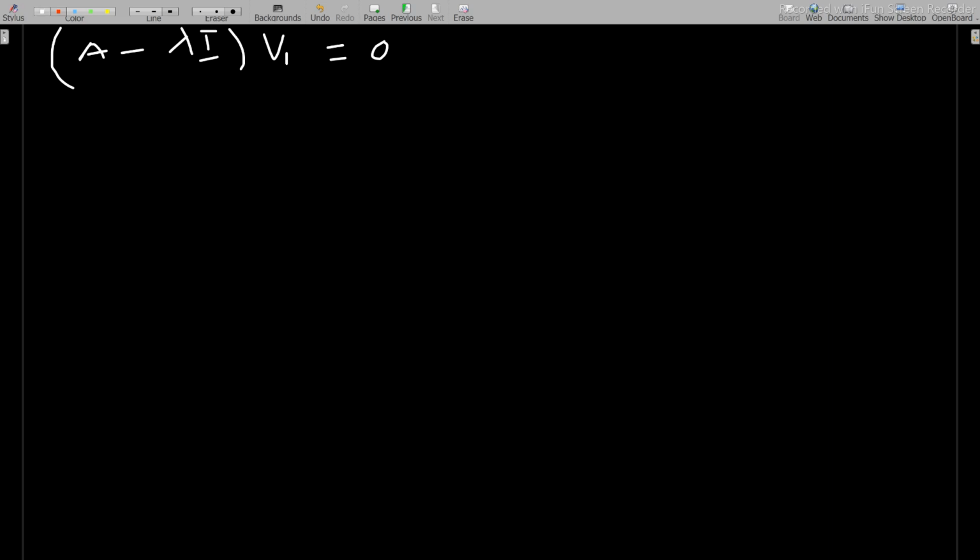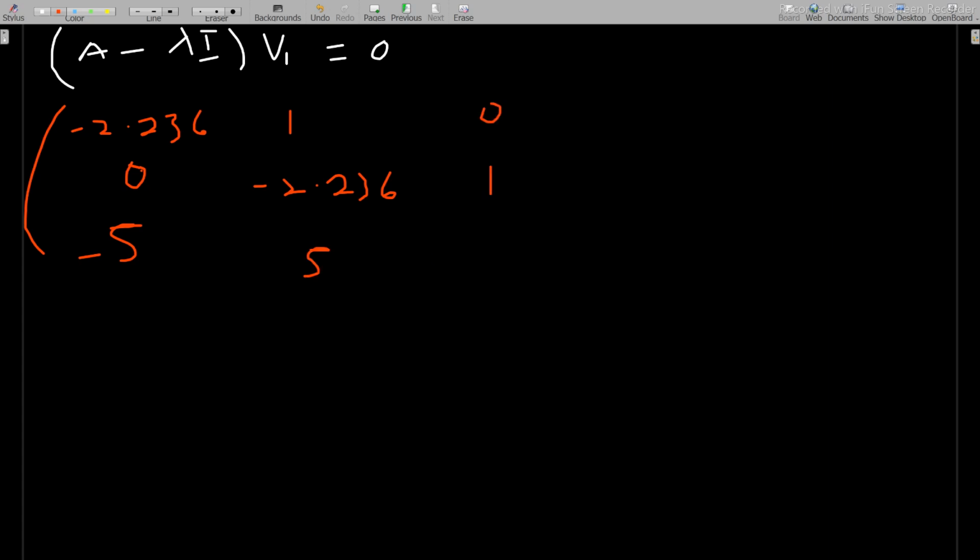So let's go ahead and reduce this matrix. The matrix we are reducing is negative 2.236, 1, 0, then 0, negative 2.236, 1, then negative 5, 5, negative 1.236.